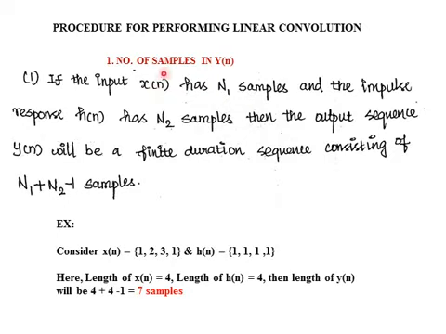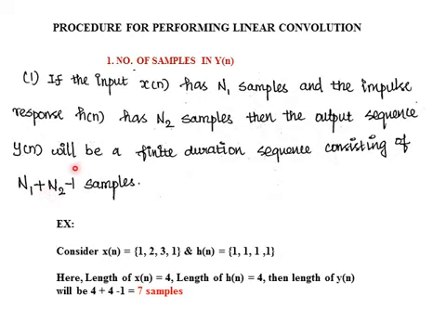If x of n has n1 number of samples and h of n has n2 number of samples, then the response y of n will always have n1 plus n2 minus 1 number of samples.